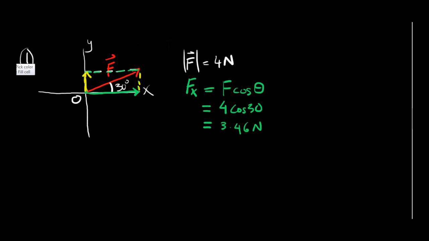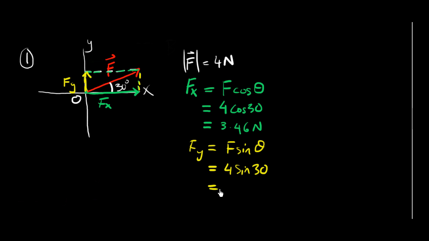And since we're doing it in yellow, this would be here Fy, which is the same as this one here, and here we would have Fx, which we just calculated, so Fy would then be F sine theta, which is equal to 4 sine of 30, and sine of 30 is a half, so that would be 2 newtons.